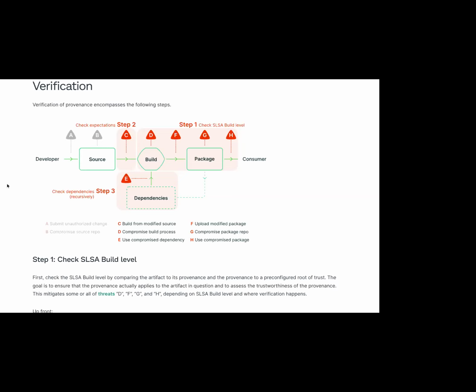The remaining question for me then, I think, is how, just for build levels, how these dependency references, for example, in the resolved dependencies or external parameters, should be parsed, or how they should be verified, given that they are in the build provenance, but they probably aren't going to be authoritative or expected by the builder.